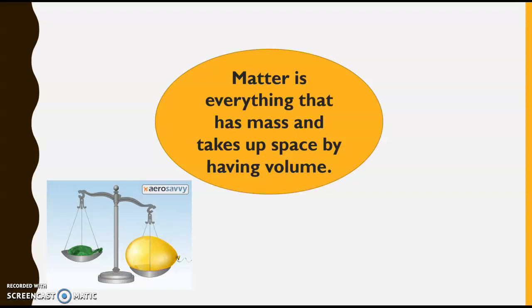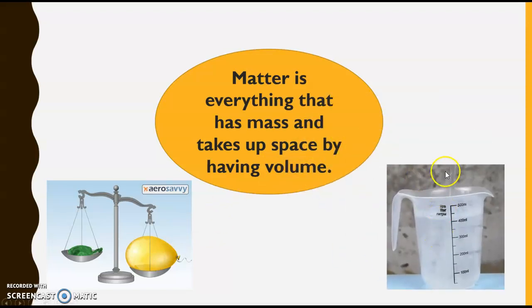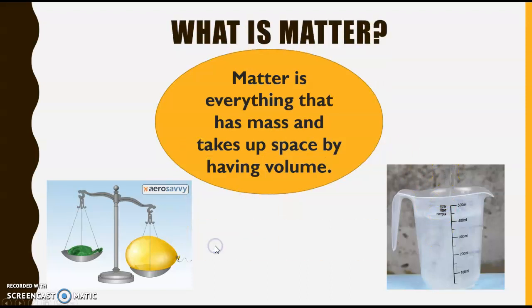And we can see that the one that is filled with air has got mass. And usually we use volume to measure liquids. And we have just answered the question, what is matter?